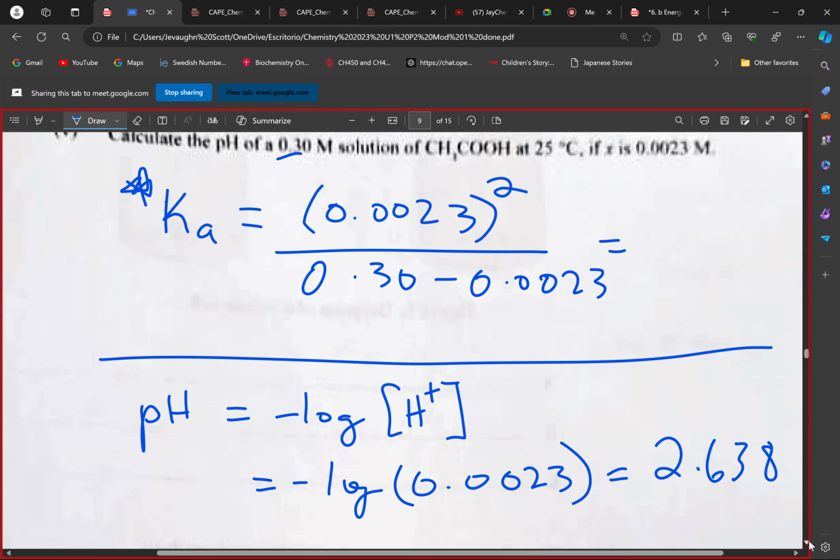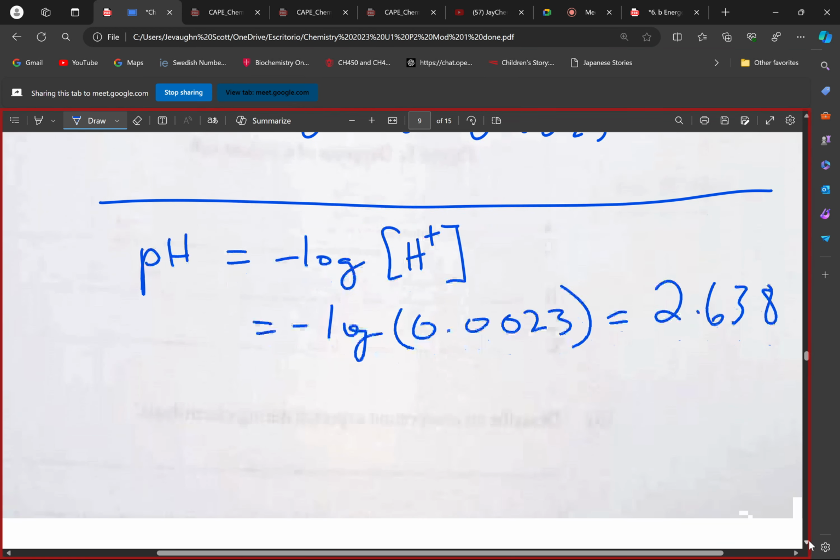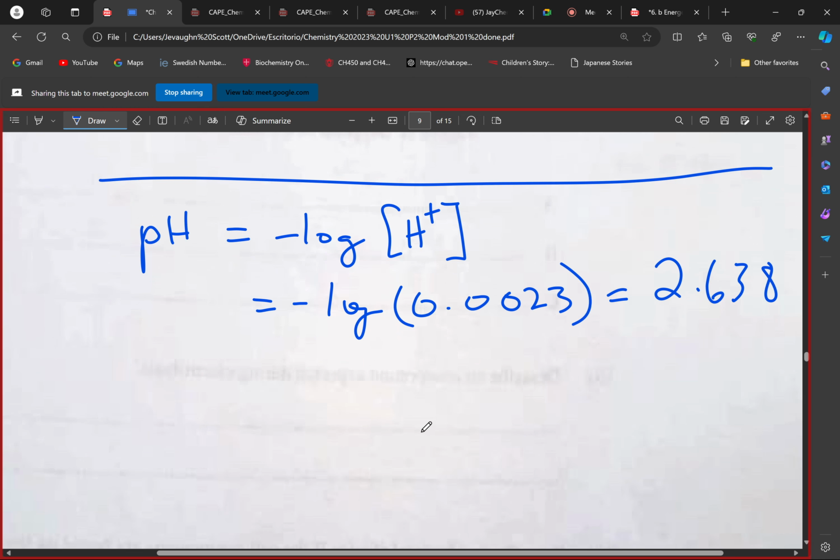Alright, so let's have a look at this. Is this right? Give me a second, let me figure out something. 0.0023. I'm going to square that value. What would that be? 0.030.